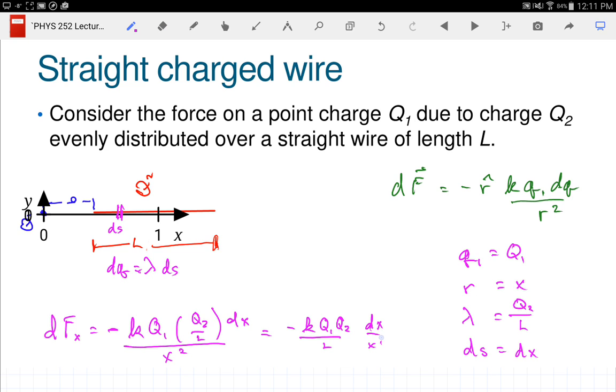Okay, anyone question how we got there? So the negative r hat just becomes a negative 1 essentially. The negative r hat was telling me it's in the direction opposite of going from Q1 to Q2. So I could have looked here and said, going from Q1 to Q2 was going this way, so it's minus that direction, so it's going that way.